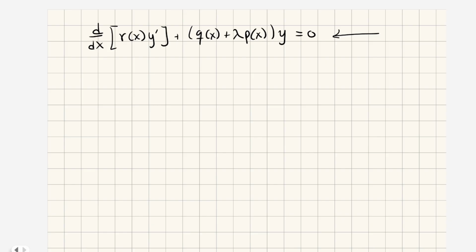So you can develop this differential equation to say that this is equal to r y double prime plus r prime y prime plus this thing, the same.